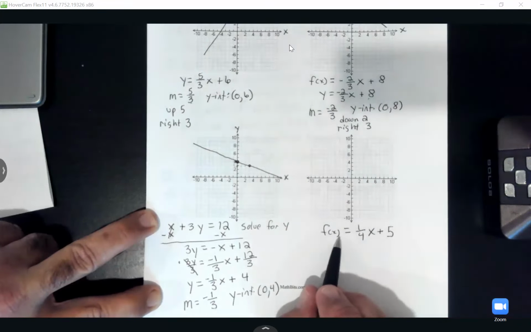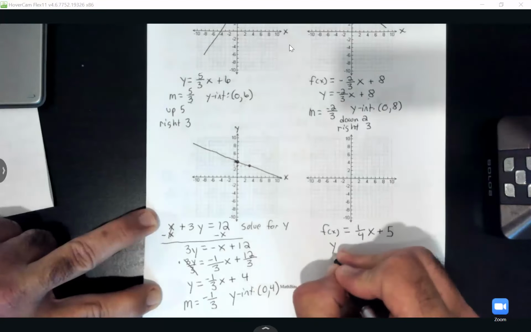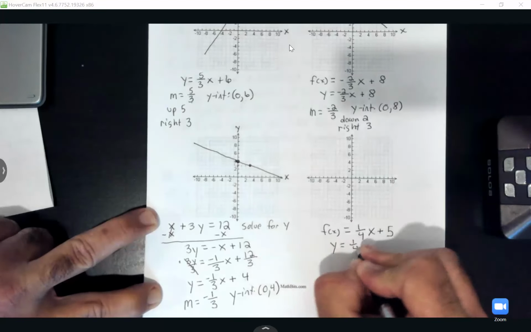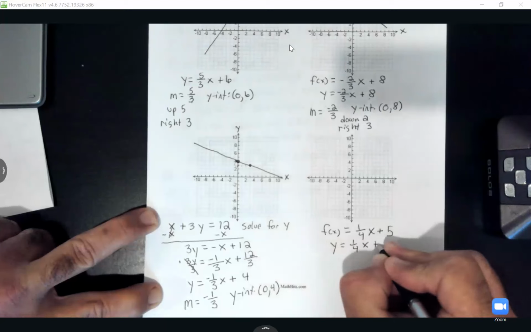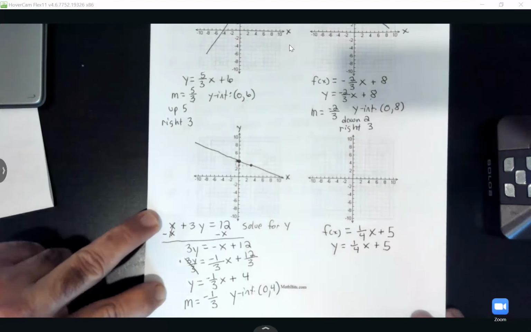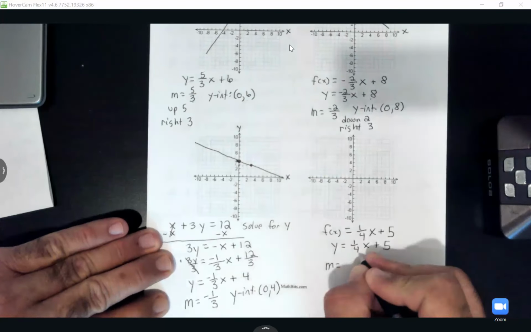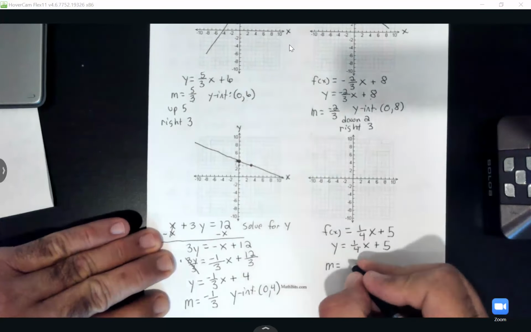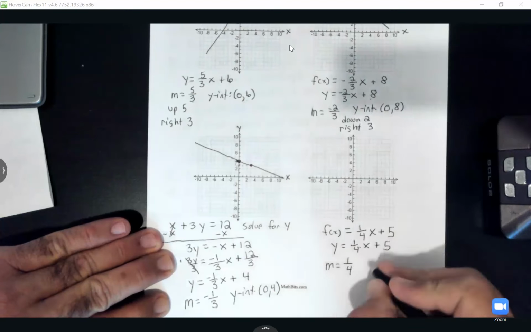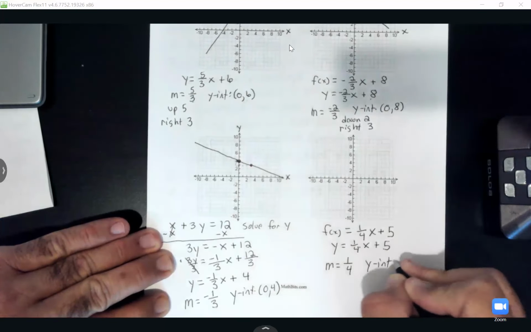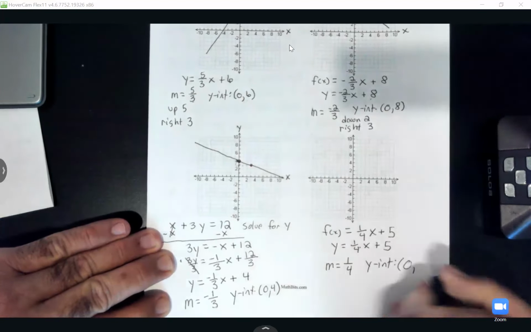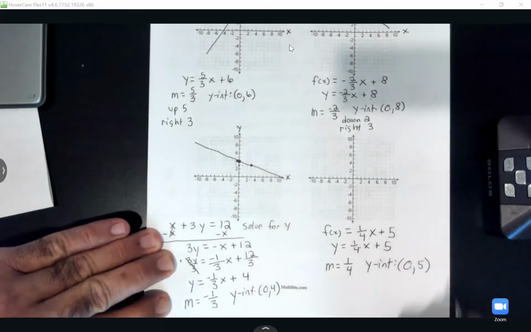The only thing I would do is replace the f of x with a y. All righty, so it's already solved. I know my slope now is going to be a positive 1/4. My y-intercept is going to be 0, 5.